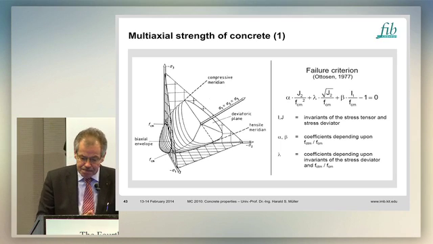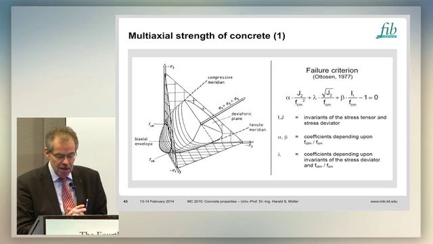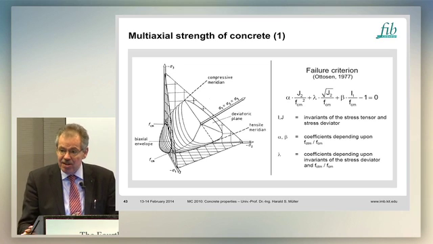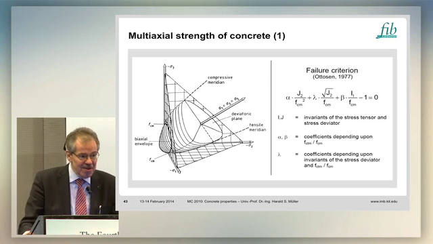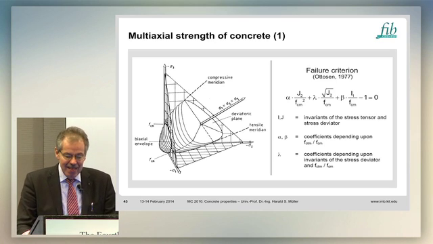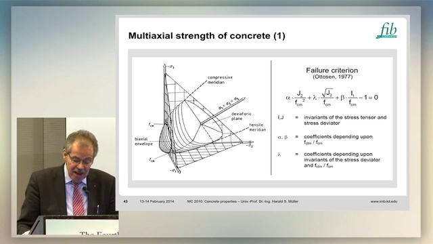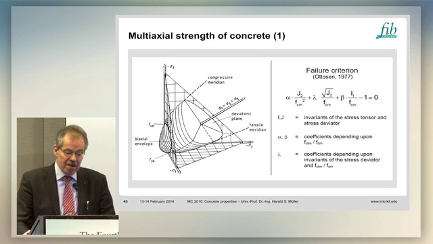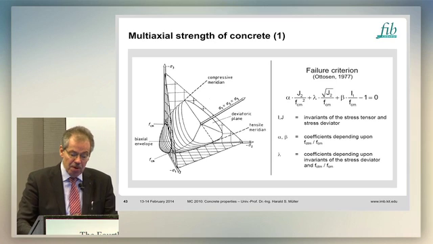Multiaxial strength. This is a figure which I presented already more than 20 years ago when talking about Model Code 90. At that time, we included the failure criterion from Ottosen to describe the multiaxial strength behavior of concrete.